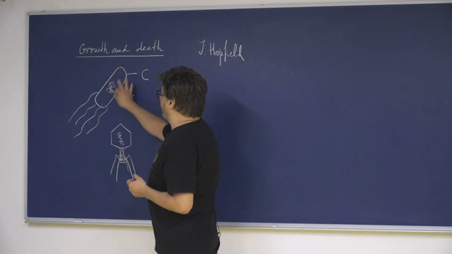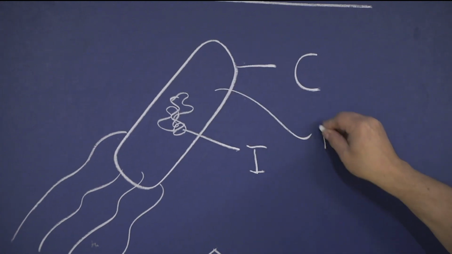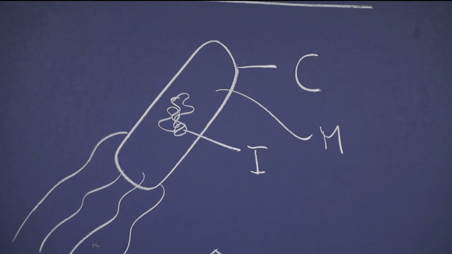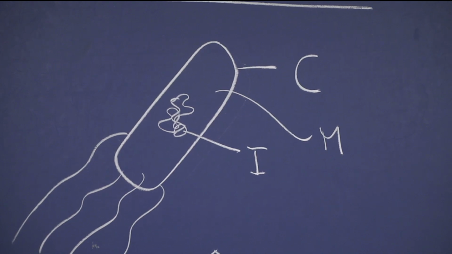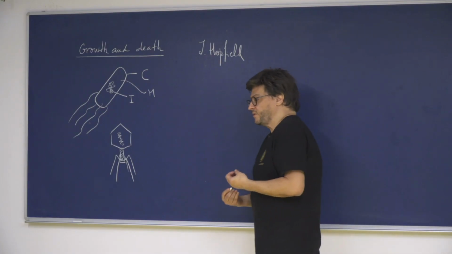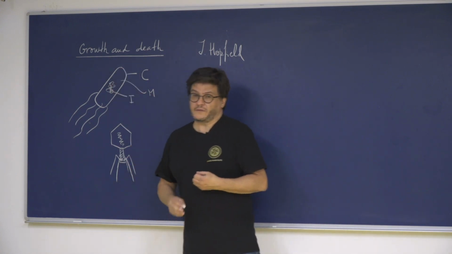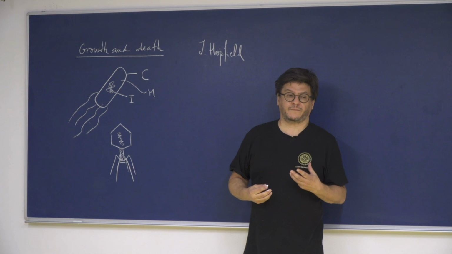And inside the cell we also have a number of reactions that build the metabolism, what you need to actually process the matter and energy that you need to live, and do something that is absolutely essential, and that's what connects with the first part of the lecture, growth, right?